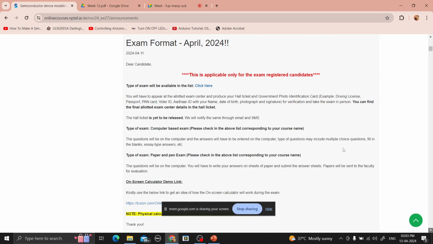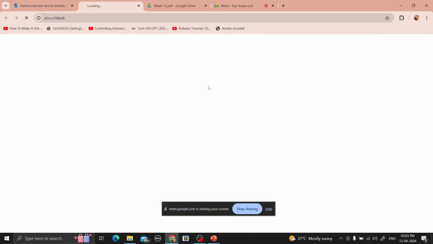So you have to check whether your exam is computer based or paper based. The type of exam will be available in the list.